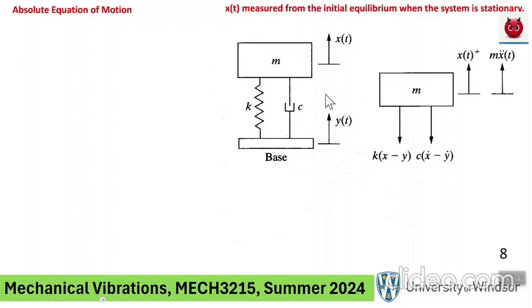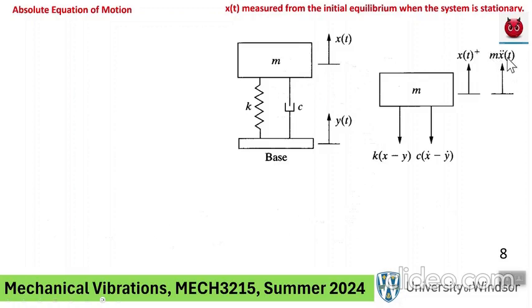Or you can measure x from some arbitrary fixed reference. Maybe the ground is down here. This is where you fix the base, did not let it move, and the mass settled down. So when it comes to measuring the displacement of m, you can measure it from that equilibrium position where it's settled, or from some arbitrary reference point down here. It could be the ground, for example, but that's not what we're doing.